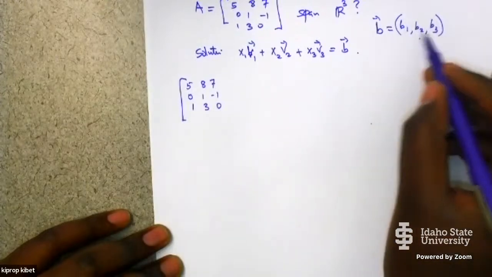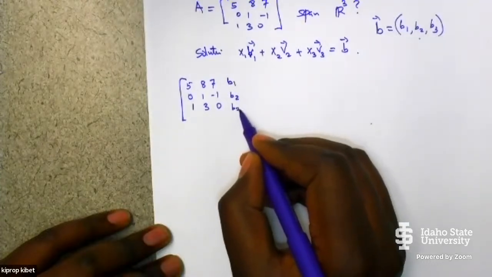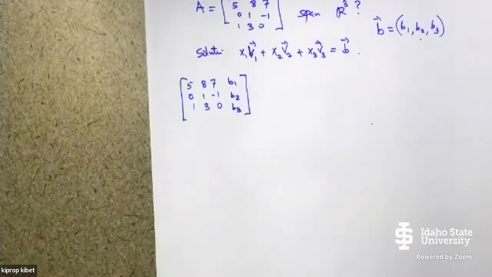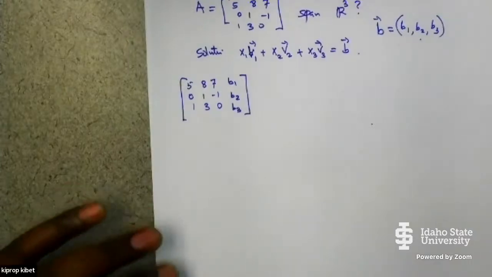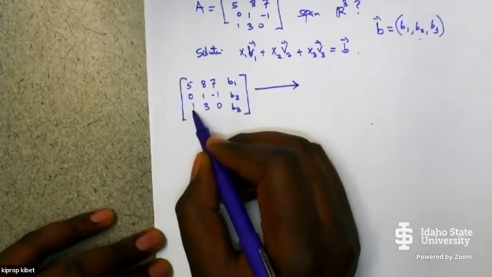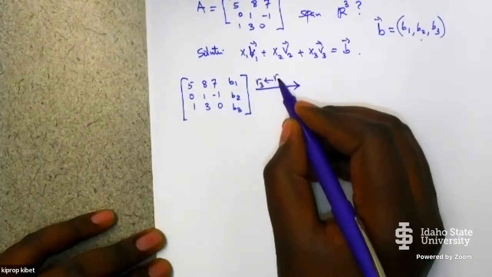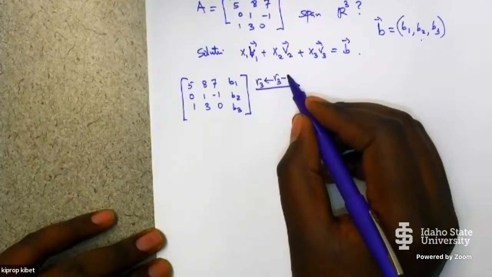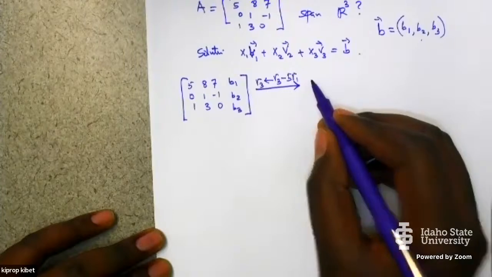And then we put B here: B1, B2, and then B3. Then we reduce it.